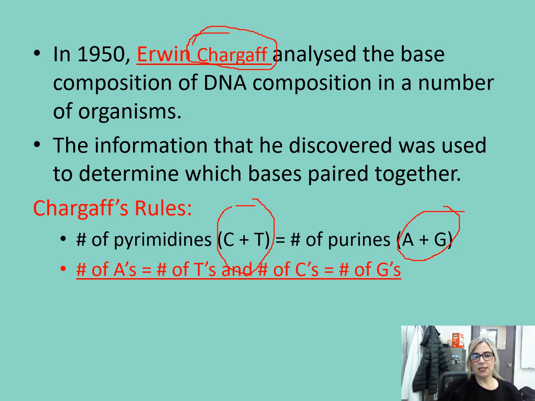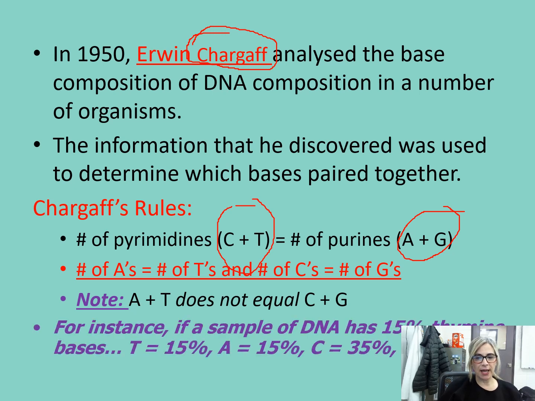It means the percentage or number of your adenines is going to be equal to the percentage or number of thymines, and the percentage or number of cytosines is going to be equal to your percentage or number of guanines. Sometimes kids are like, what are you talking about? Well, remember, that doesn't mean that A plus T equals C plus G. It means something different. So let's take a look at an example.